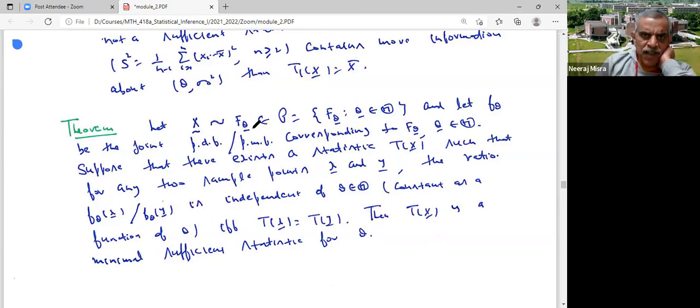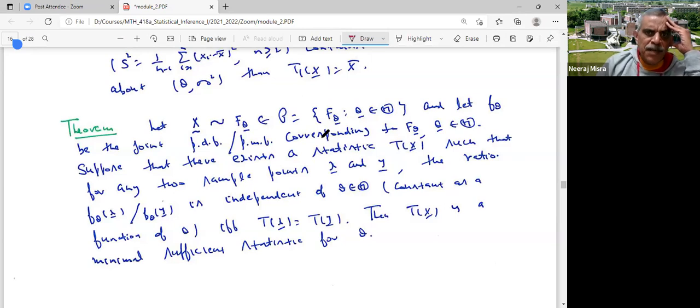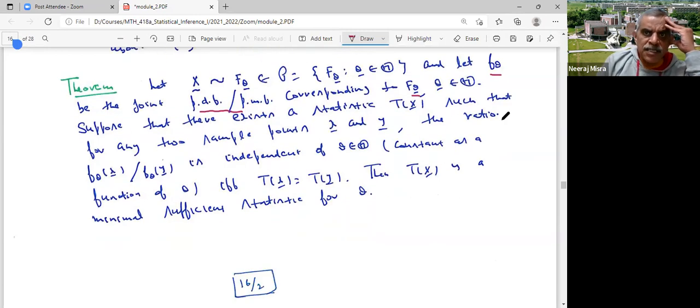Suppose X belongs to the parametric family f theta, theta belonging to Theta, and let f theta be the joint PDF or PMF corresponding to it. Suppose there is a statistic T(x) such that for any two sample points x and y, f theta(x) upon f theta(y) is independent of theta, that means it is constant as a function of theta, if and only if T(x) equals T(y). Then T(x) is minimal sufficient for theta.